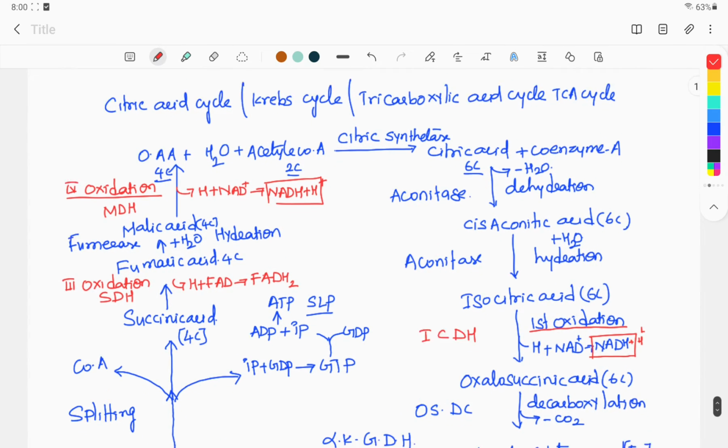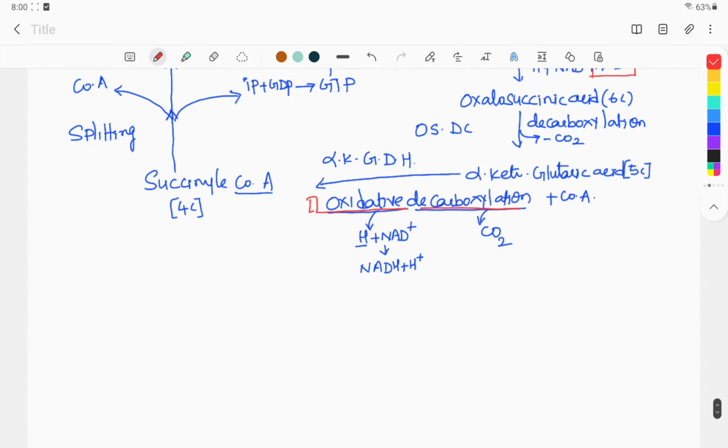Now remember, I will go to the bottom level of the concept. Phosphorylation means addition of inorganic phosphate.